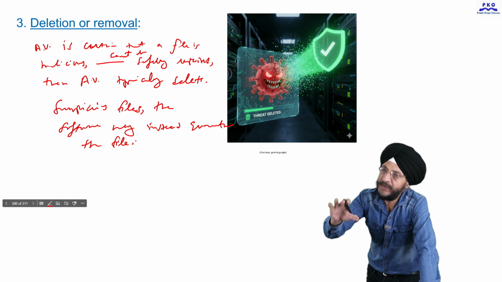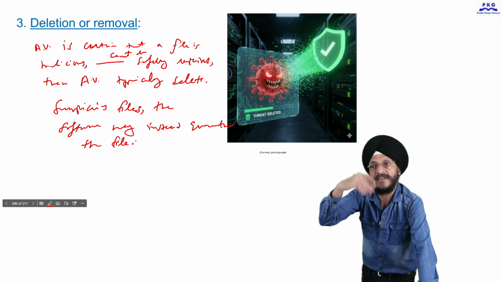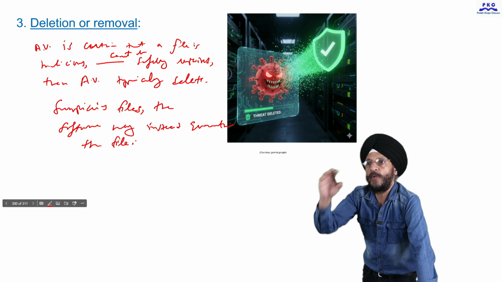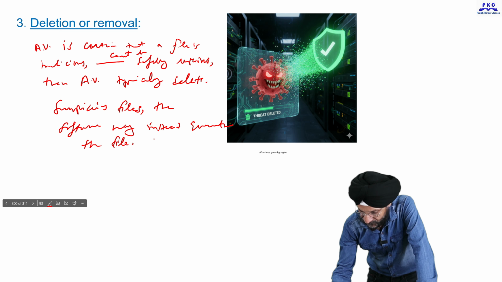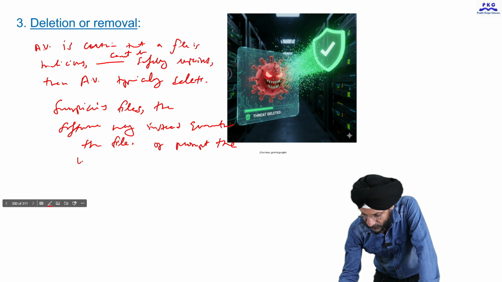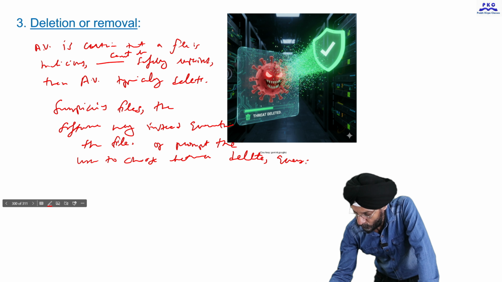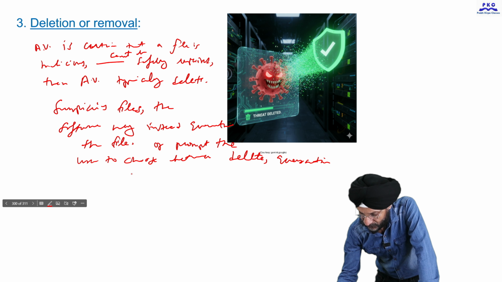If the file is truly malicious, the antivirus software will delete it. In case of suspicious files, the antivirus software may quarantine the file, or it may prompt the user to choose between delete, quarantine, or ignore.